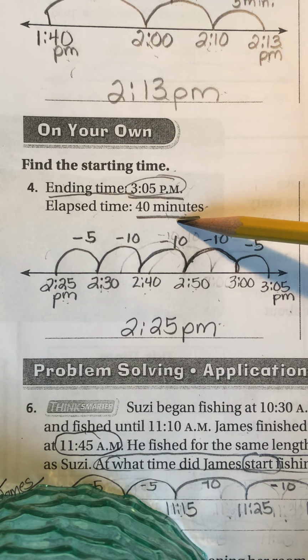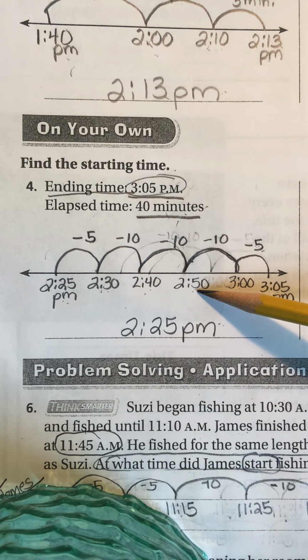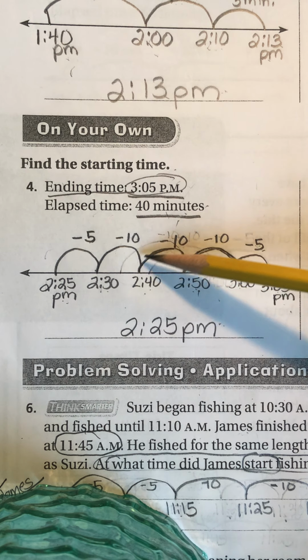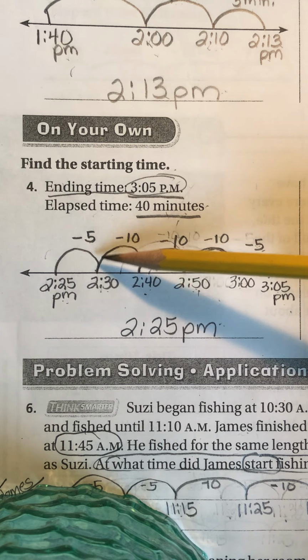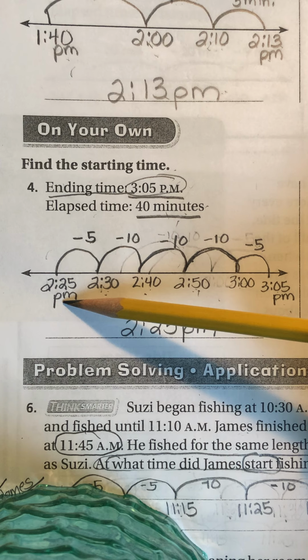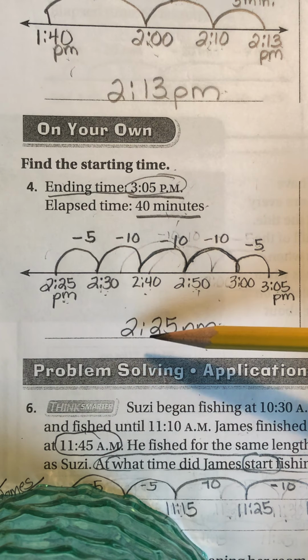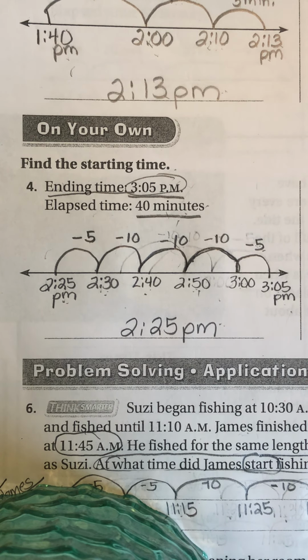It lasted for 40 minutes, so I'm going to jump back 40 minutes. 3:05, take 5 minutes away, I'm at 3 o'clock. 3 o'clock, take 10 minutes away, I'm at 2:50. 2:50, take 10 minutes away, I'm at 2:40. 2:40, count back 10 minutes, I'm at 2:30. 2:30, count back 5 minutes, I'm at 2:25. So it started at 2:25. Everybody see that? Please copy. Again, pause the video.